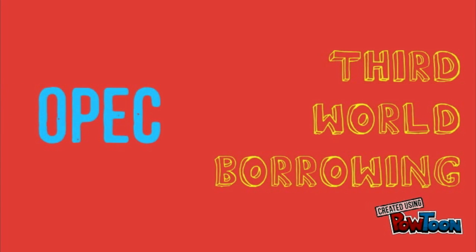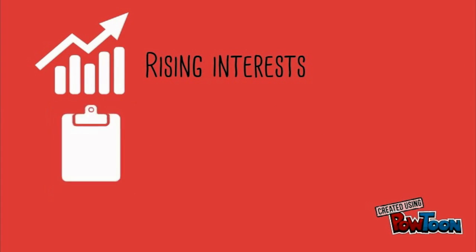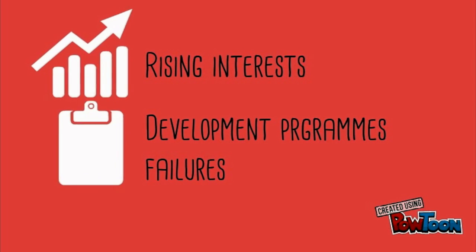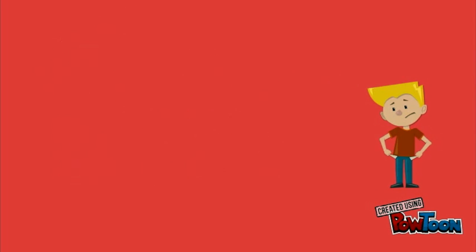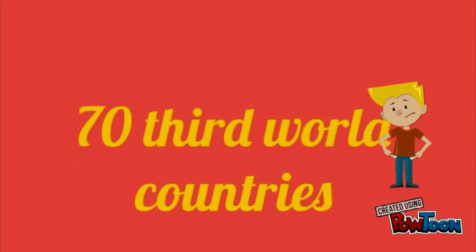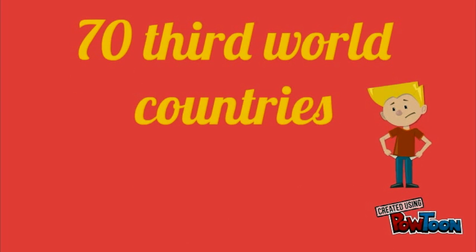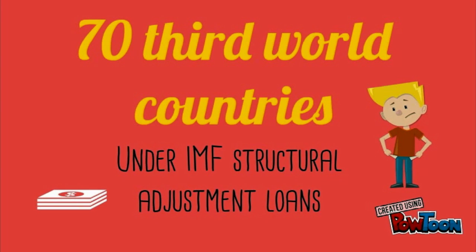During that decade, the OPEC played an important role in the financing of third world borrowing. However, rising interest rates in the 80s and development program failures led to a debt crisis. This debt crisis made 70 third world countries subject to IMF structural adjustment loans.